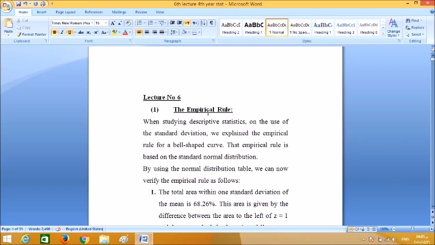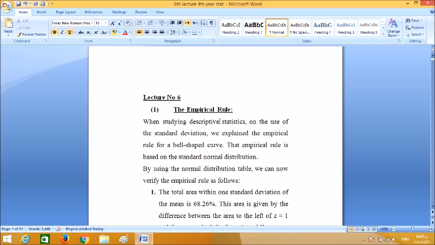The second point is how you can standardize normal distribution data, I mean the rule of Z-score, and how you can compute the Z-score. And the third point is some applications of the normal distribution. Okay? The first point, the empirical rule.